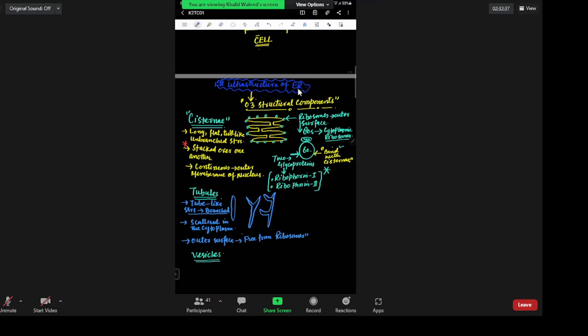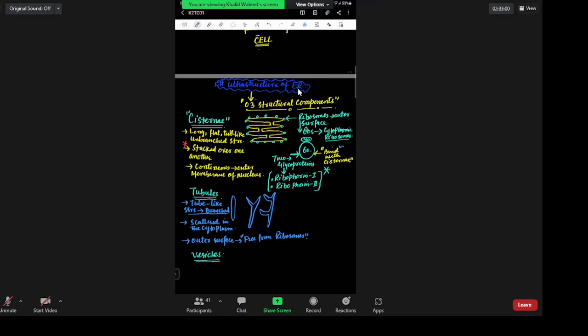Sir, ATS ribosomes. माने unlike cisternae these tubes, which we call as tubules, the second structural components of ER, they are branched, they are not continuous with the nucleus but are scattered, and unlike cisternae they do not have ribosomes on their outer surface, I mean to say.